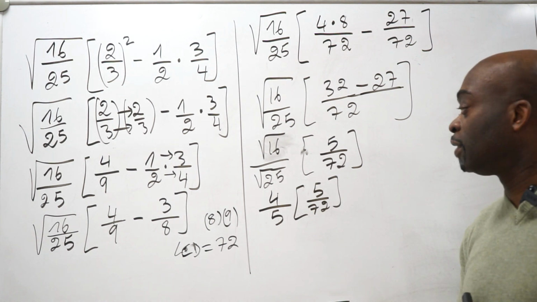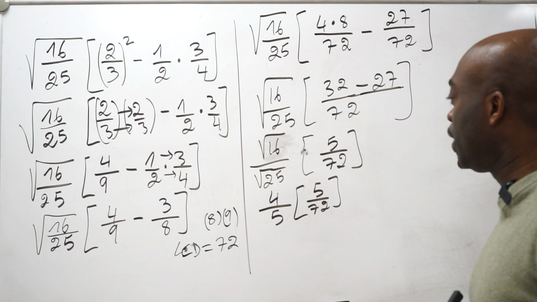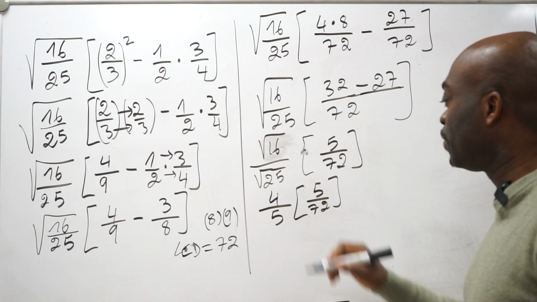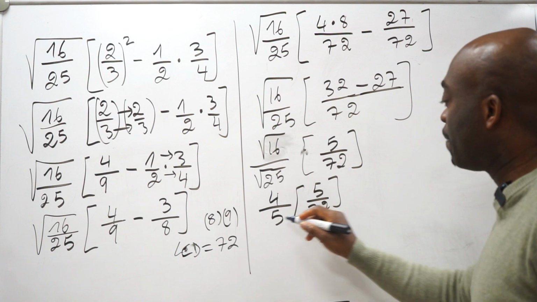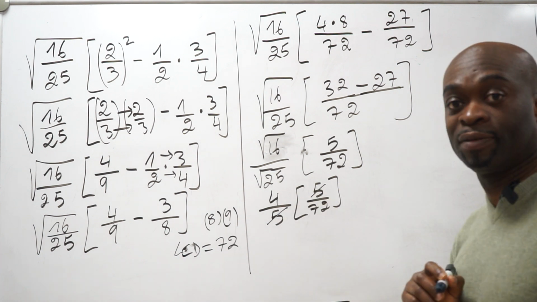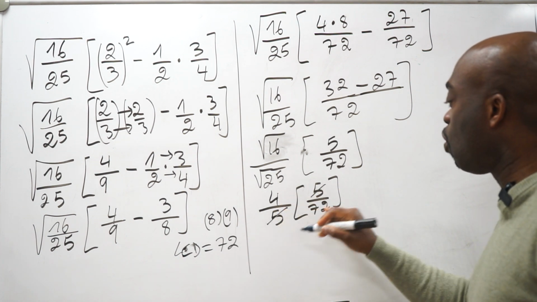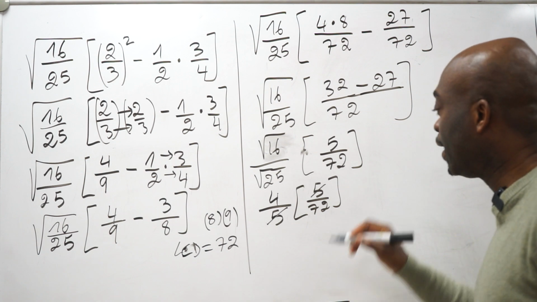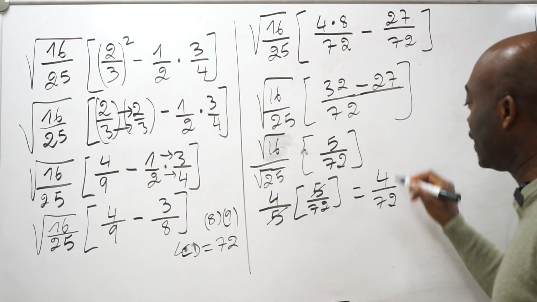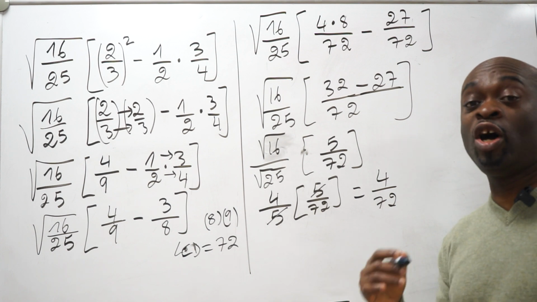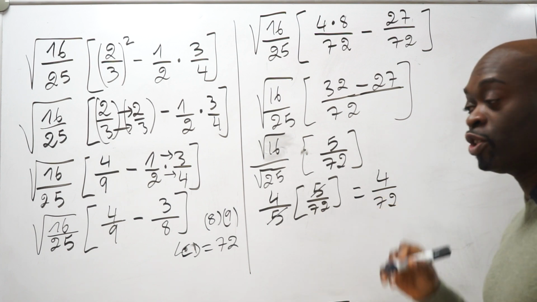Are we good? Now, what can we do here? We can simplify because this is multiplication. Whatever we can simplify, we do that. So that means 5 and 5 can be crossed out. And then you're ending up with 4 over 72, right? So this one is 4 over 72. And can you reduce this one? Is there any number that can divide 4 and 72 evenly?